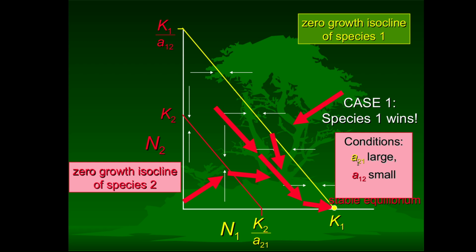This happens when the competition coefficient for species one is large and the competition coefficient for species two is small. So species one is the better competitor and it wins.